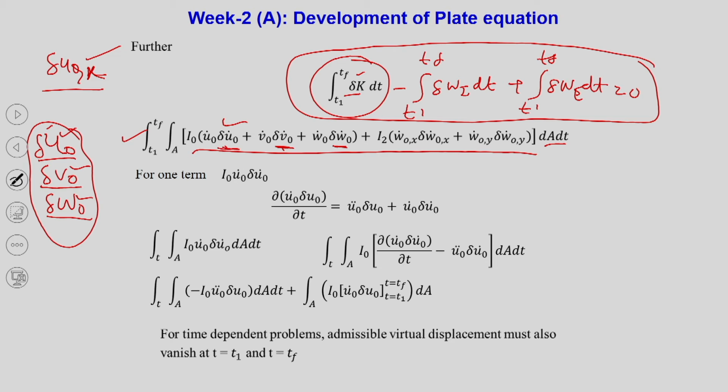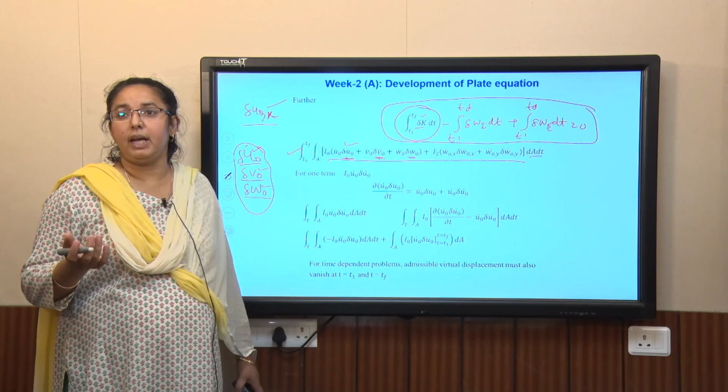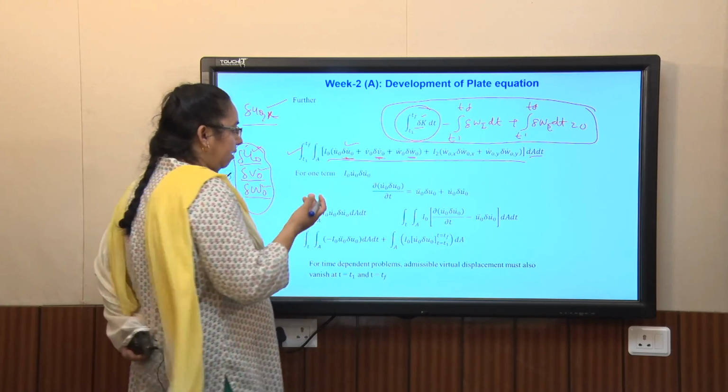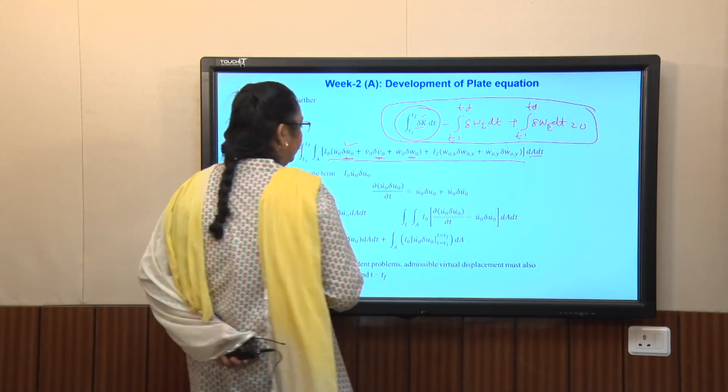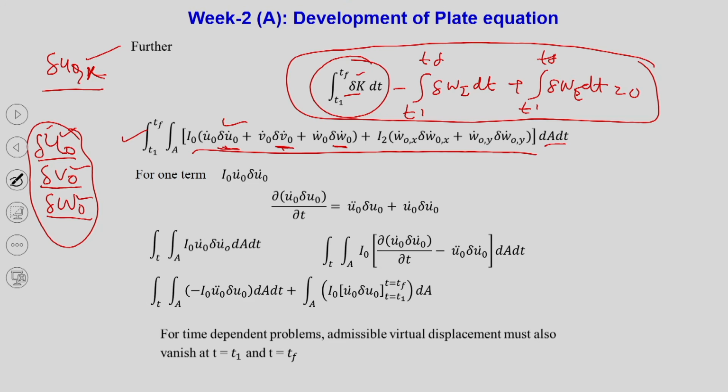So, like as I explained in the first week of lecture, for the case of beam, you can write like this: u naught, del u naught and time derivative. So, what is the rule? That differentiation of the second function as it is, times differentiation of the first function, plus the first function as it is, times differentiation of the second function.